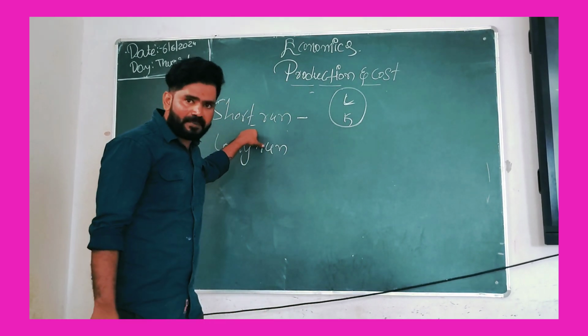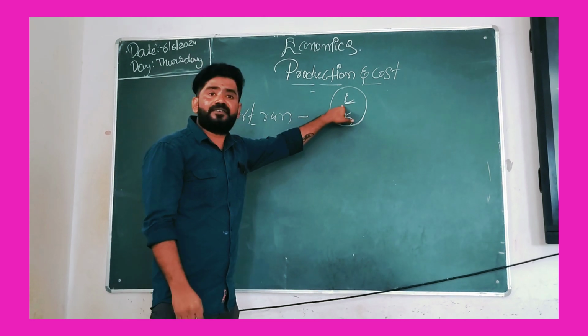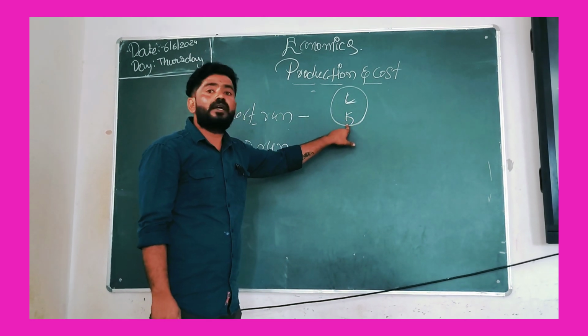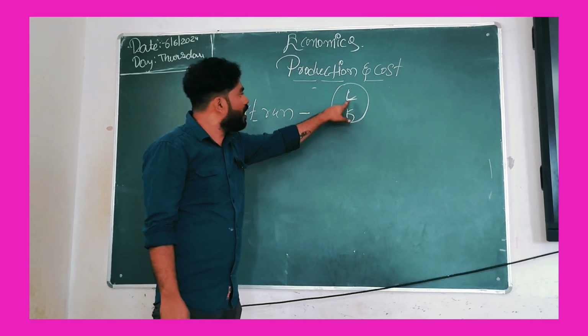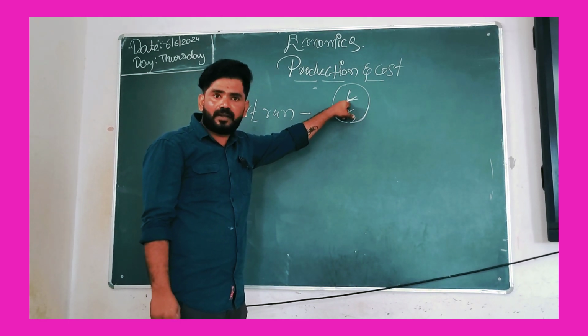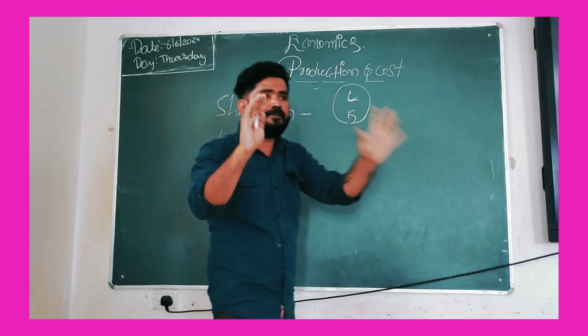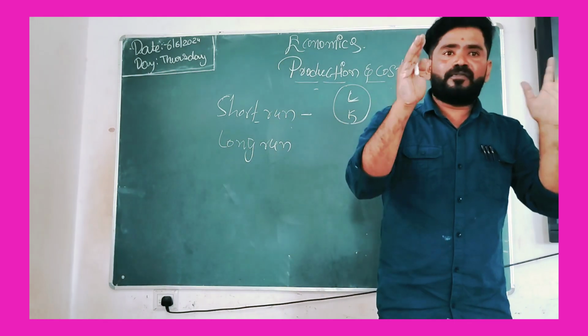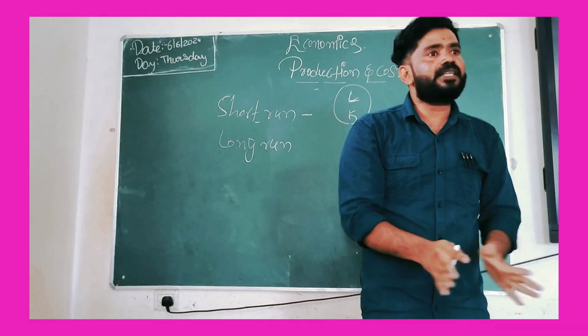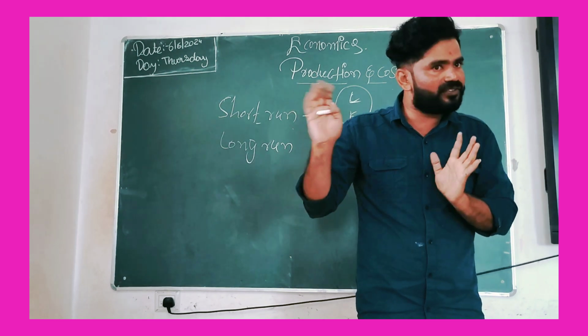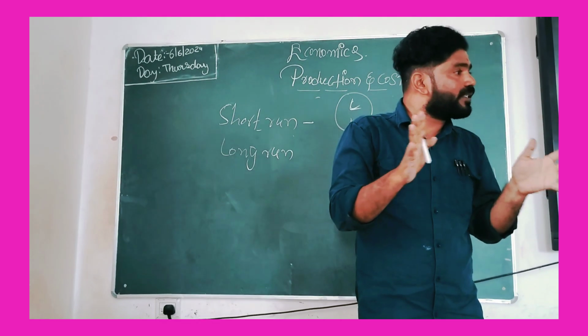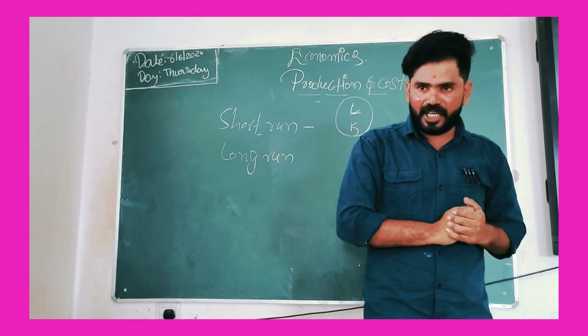In the short run period, labor is fixed and capital is variable, or capital is fixed and labor is variable. Any one factor is fixed and the other factor is variable, meaning changing. This is called the short run period of production.